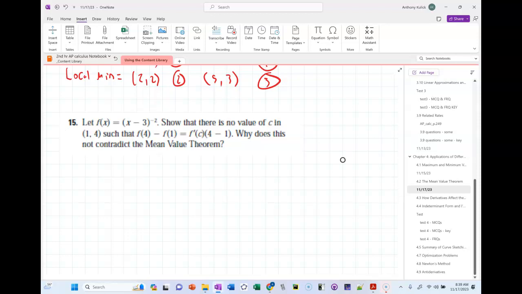Let f of x equal yada yada yada, show that there is no value of c in 1, 4 such that the mean value theorem holds. Why not? Well, here's what I would say, Beck, is f of x is this, right? The domain for that would be like 1 to 3 and then 3 to 4.